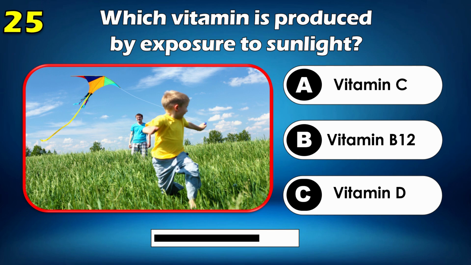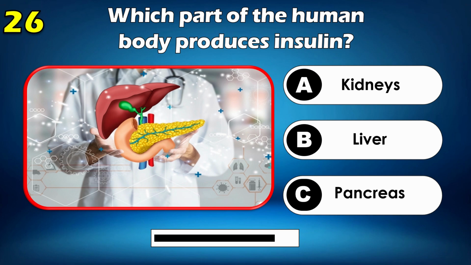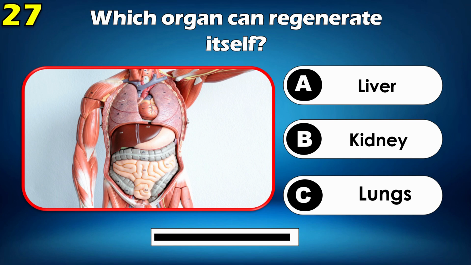Which vitamin is produced by exposure to sunlight? Vitamin D. Which part of the human body produces insulin? Pancreas. Which organ can regenerate itself? Liver.